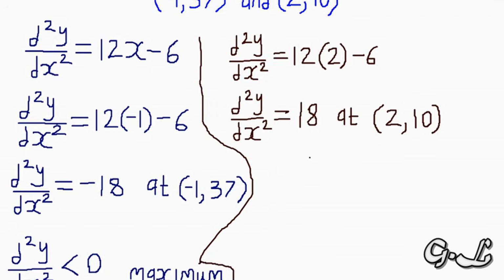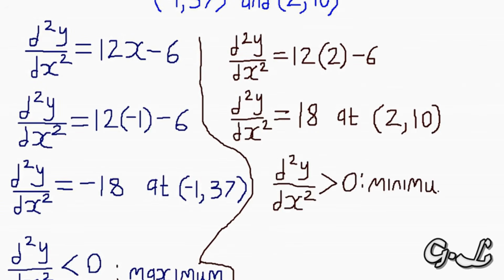So when you see that d2y dx squared is greater than 0, just know that the point is at a minimum.